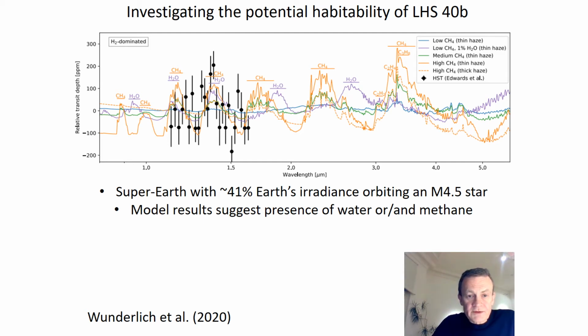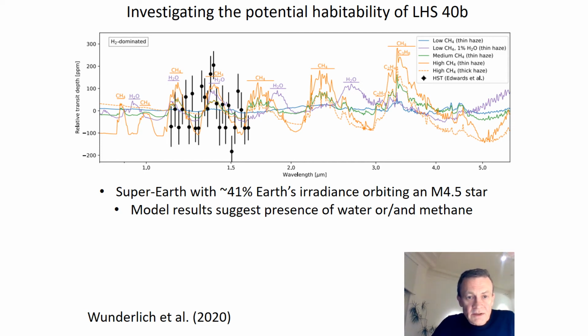And what you see here, again, we have wavelength on the x-axis and transit depth in parts per million on the y-axis, and you see different model scenarios, the different colored lines. So with varying amounts of methane, so low methane in blue, medium methane in green, and high methane in orange. And the dashed lines show differences in the hazes assumed.